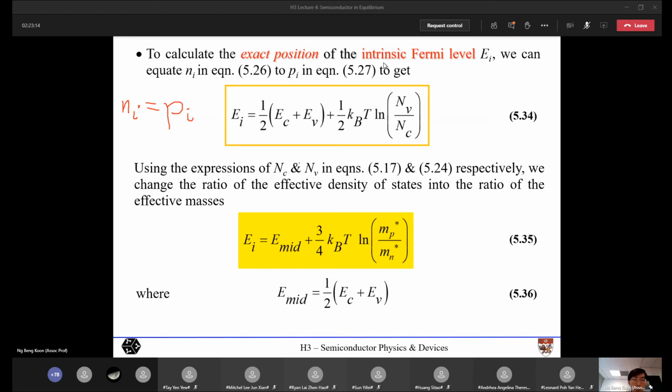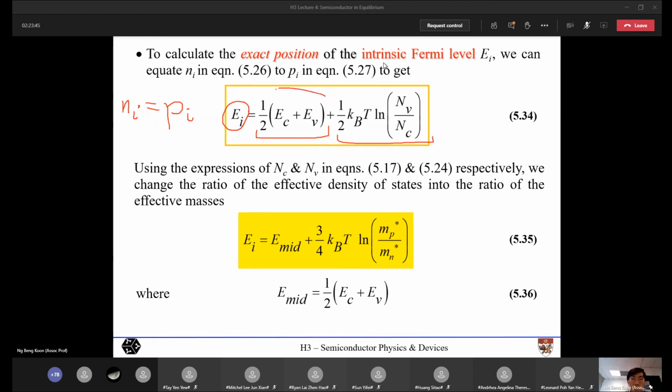So we equate Ni to Pi, where Ni is in terms of NC exponential, and all the EI and EC. If you equate the two and simplify it, you can make EI the subject, and you find that EI is given by the sum of two terms. The first one is half of EC plus EV. The other term is half kBT and natural log of NV over NC.